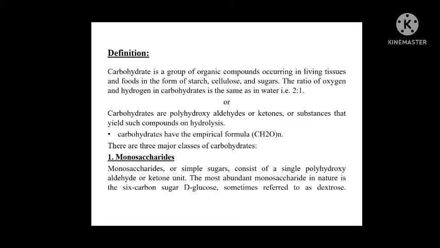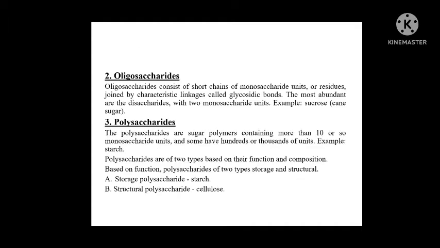And coming to the next class, that is oligosaccharides. Oligosaccharides consist of short chains of monosaccharide units or residues joined by glycosidic bonds. So these oligosaccharides consist of 2 to 10 monosaccharide units.